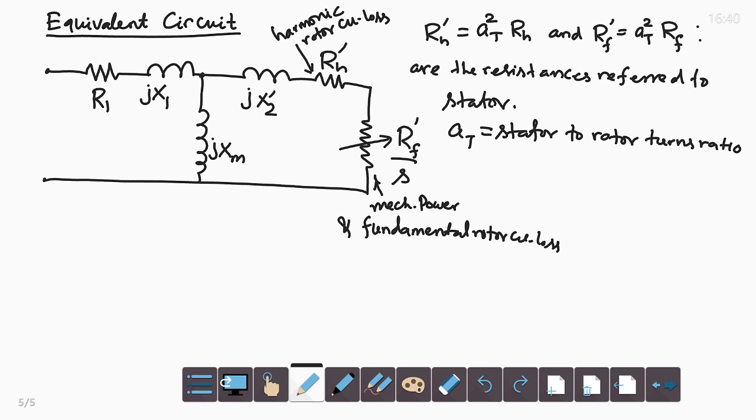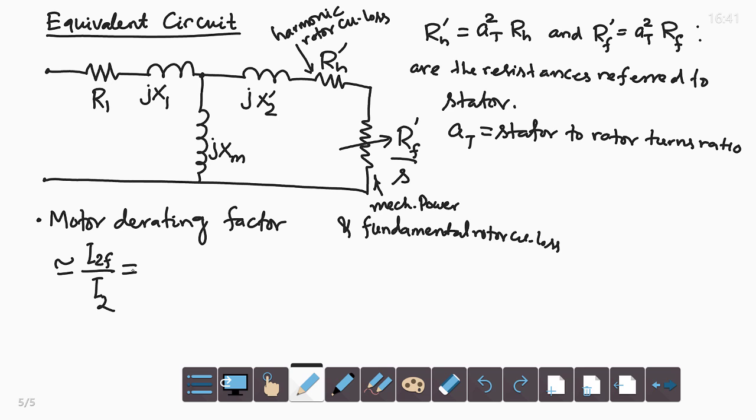So, we have to define the motor derating factor. Motor rating is less than the actual rating it should have had, so it is the motor derating factor, and the motor derating factor is approximately equal to I 2 f by I 2, fundamental rotor current divided by RMS rotor current, and as you have seen the ratio of I 2 f to I 2 is 3 by pi.